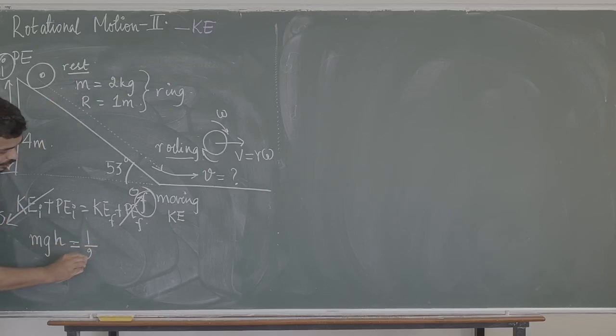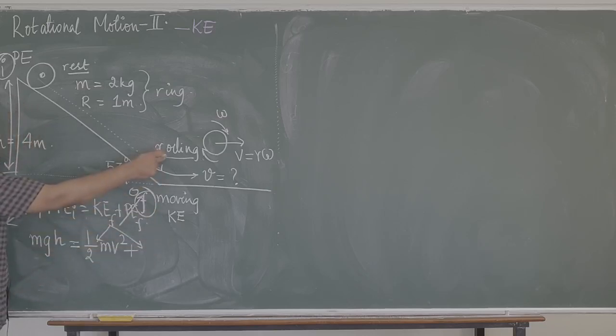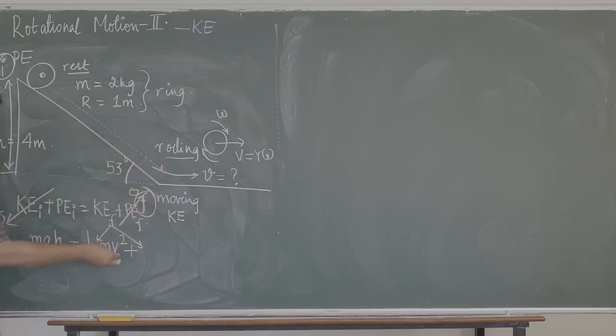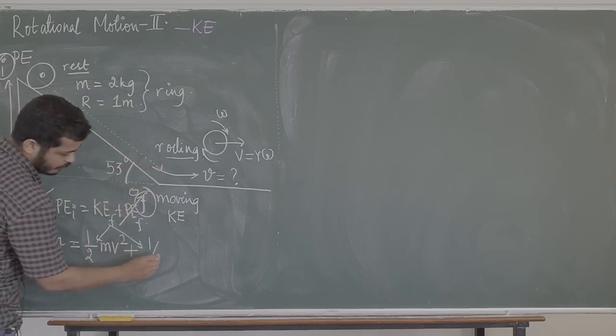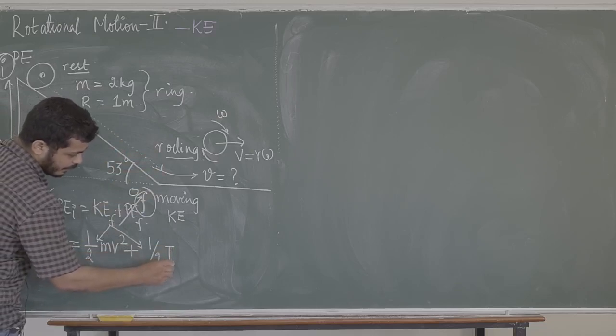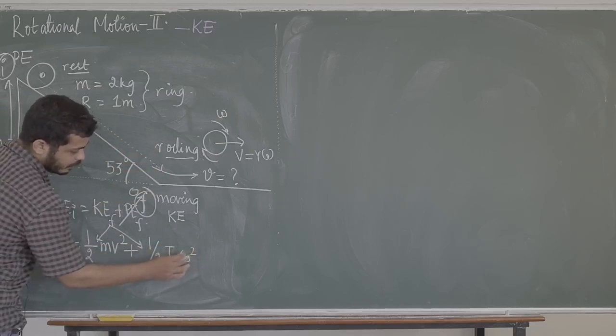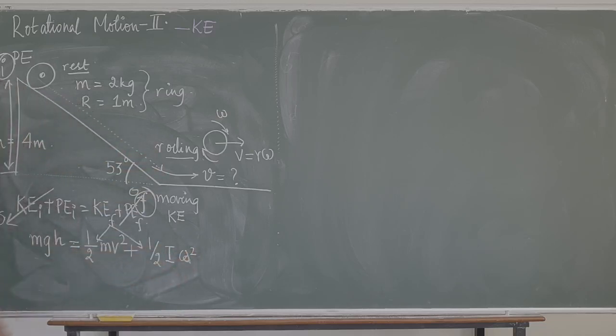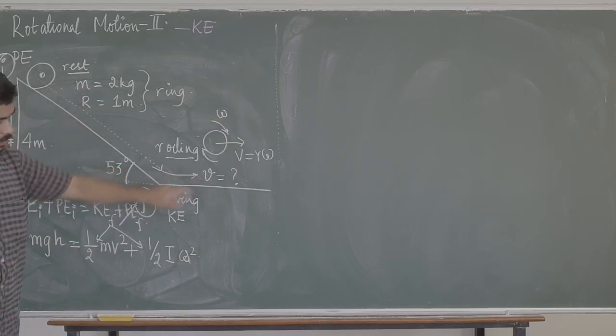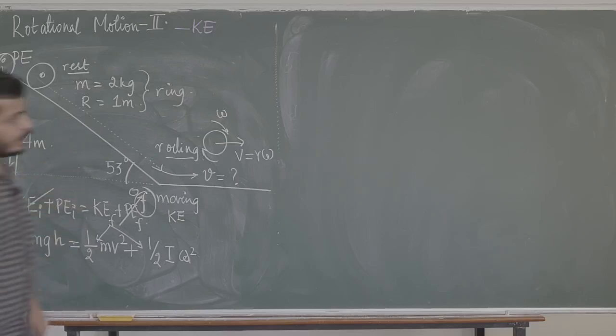So we can just write half into m into v square plus. Final kinetic energy is because of two things. Always keep in mind the object is rolling, so the kinetic energy is because of translation and because of rotation. So for rotation, you'll write half into I into omega square. You'll write both of these, half I omega square. हमें क्या निकालना है? We want to find out the value of V. So take this equation over there.